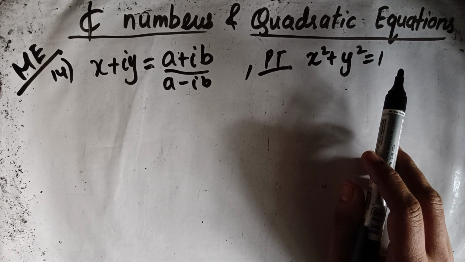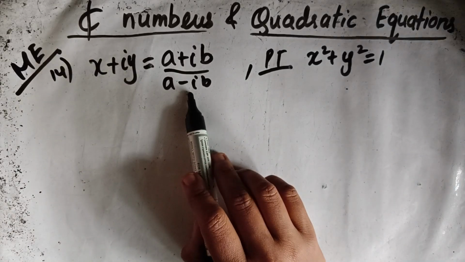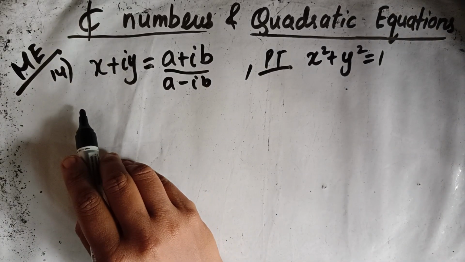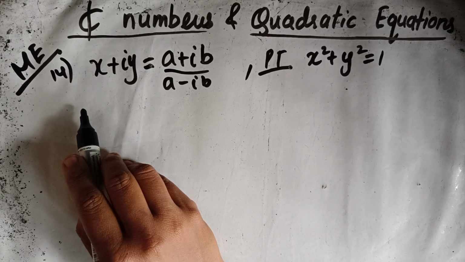So first you have to find the conjugate of this number. So a plus ib, a minus ib.